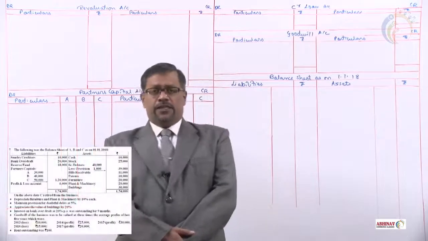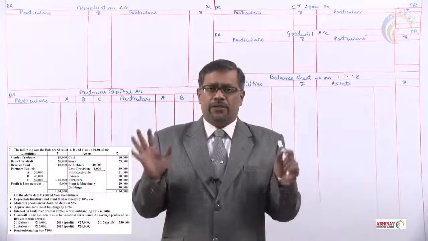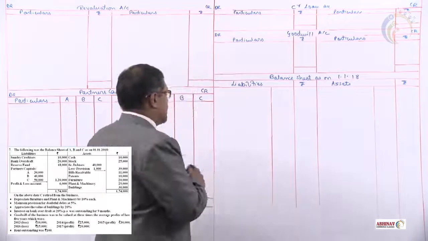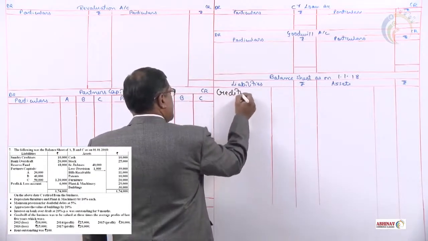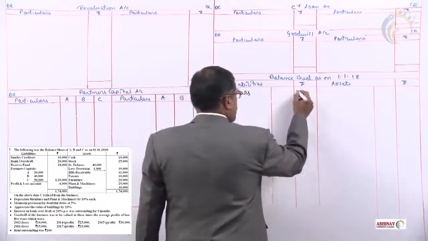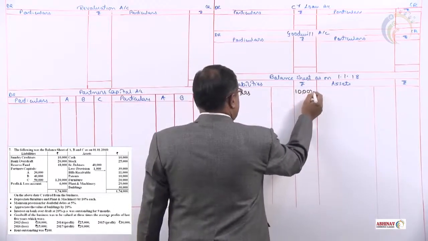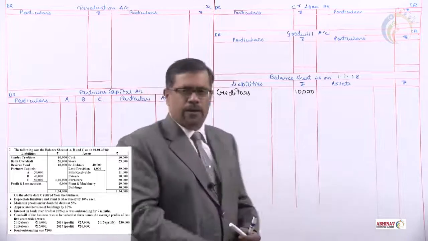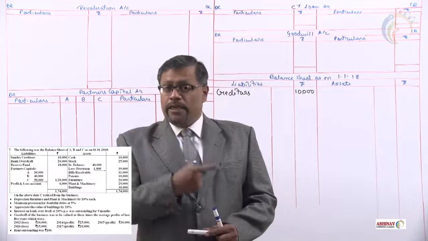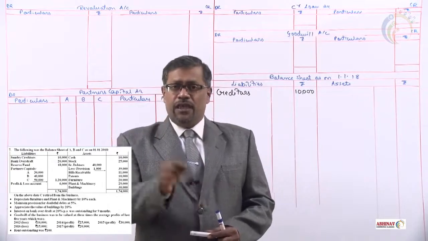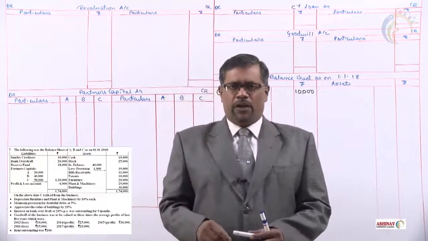The first is sundry creditors, rupees 10,000. Creditors is a liability. We'll record that as a liability. There is no adjustment on creditors, so let creditors come in the outer column, 10,000. Bank overdraft 20,000. In the working notes we have seen in the last session, there is some outstanding interest on bank overdraft.